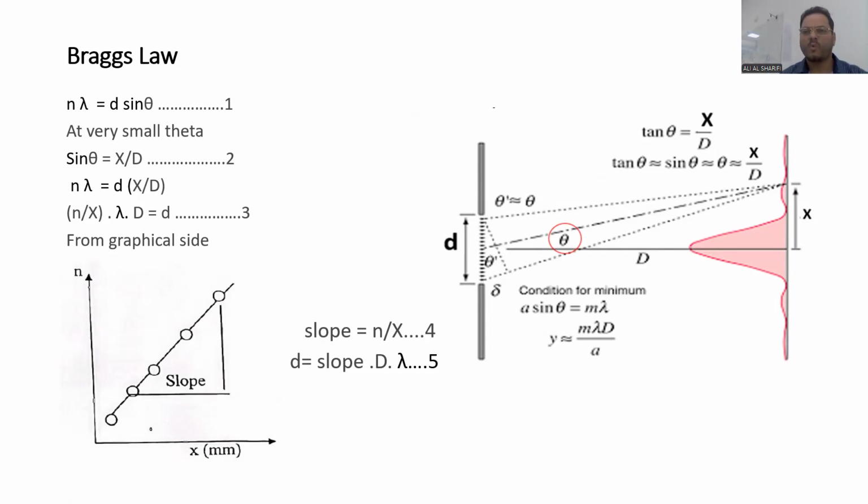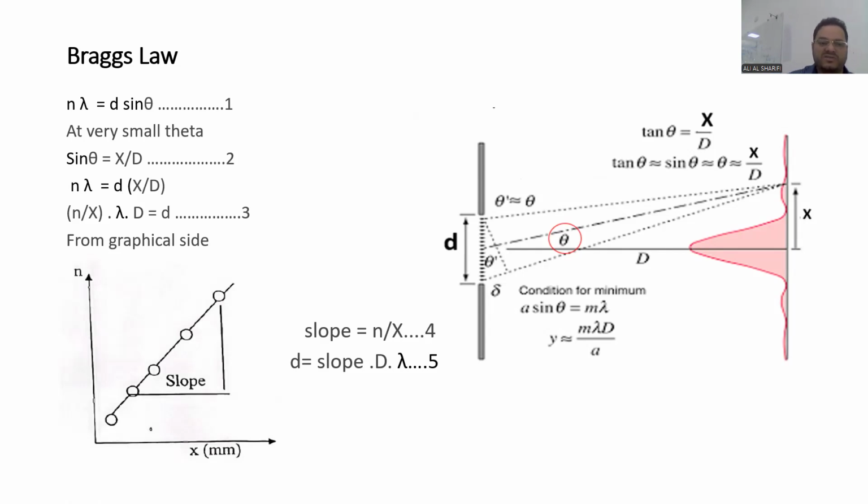Approximately, the distance between each n is 1 millimeter. That means from the bright spot to n1 equals 1 millimeter, from the bright spot to n2 equals 2 millimeters, and it goes like that. Here, n lambda equals d between two brackets x divided by D.